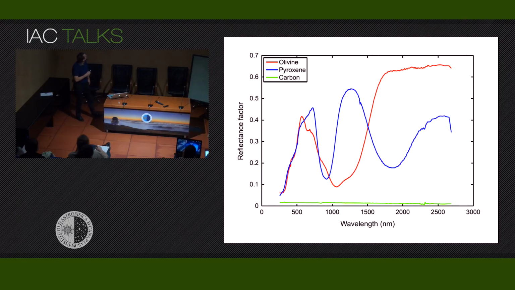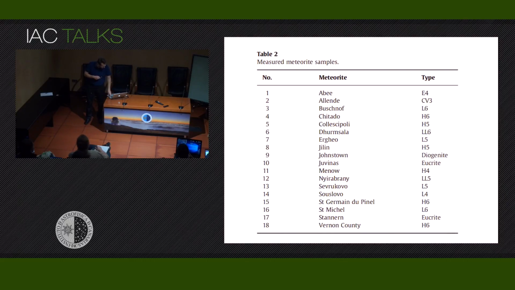So this is just an introduction to remind us that there is the olivine spectrum, and there's the pyroxene spectrum, and then we have typically the carbon, which is quite flat here. These kinds of monsters we typically have, and the measurements that Pentikainen et al. did were for these meteorite samples, and here we then took some olivine samples.